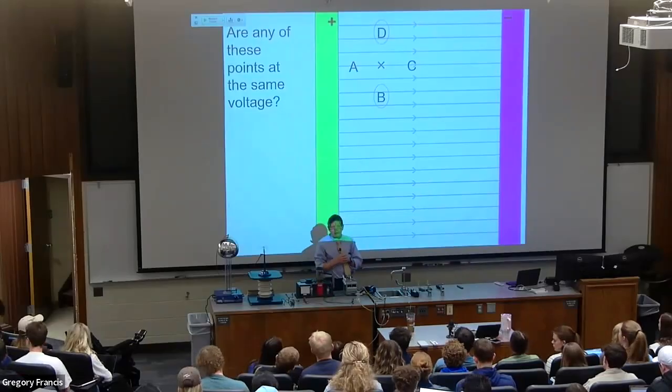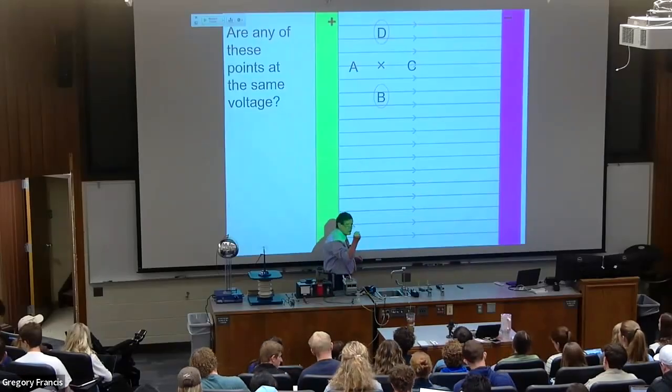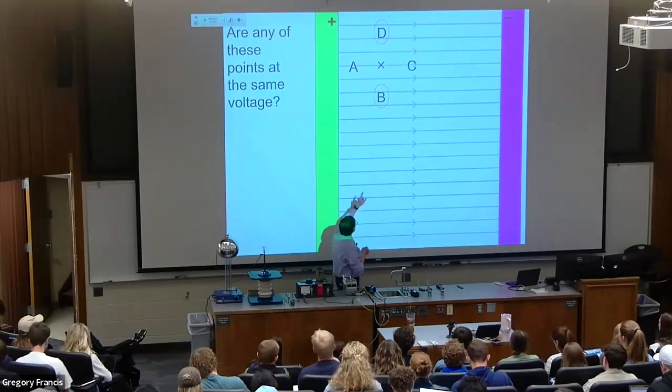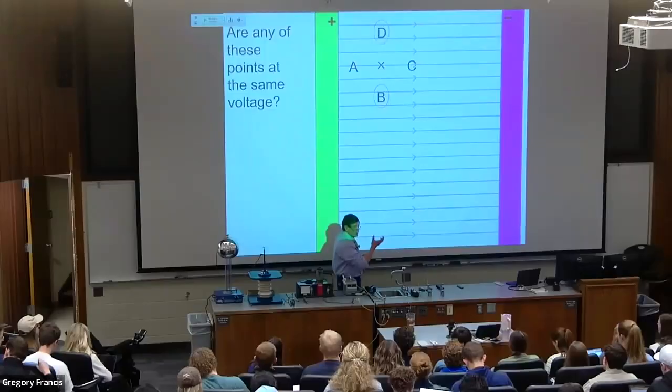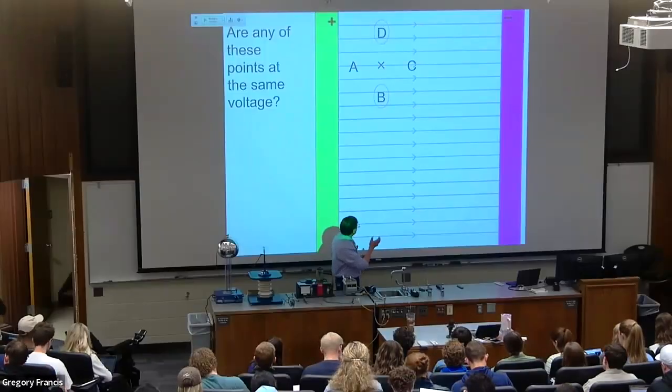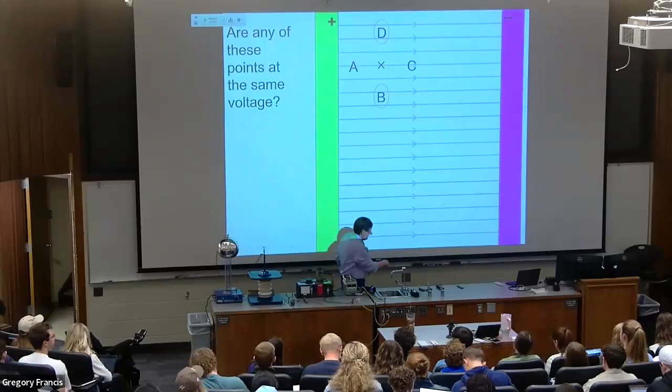Another better way is to think of the work you would have to do to bring +1 coulomb from B to D. What does that 1 coulomb want to do? It wants to race towards the negative plate.